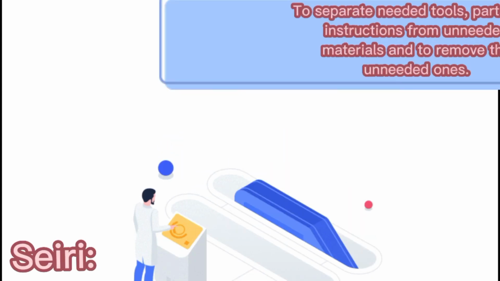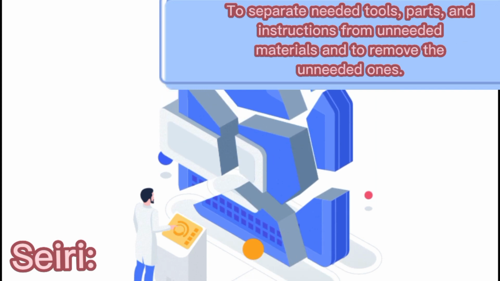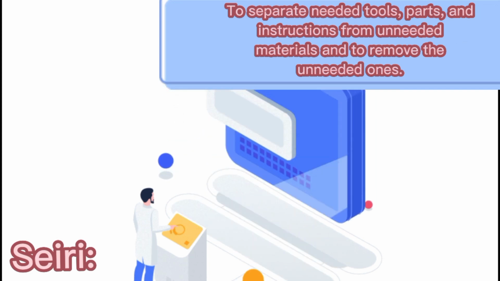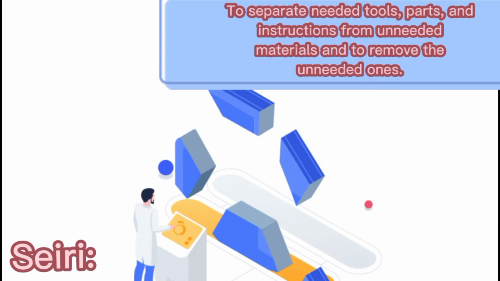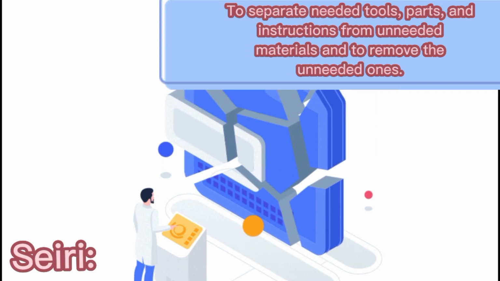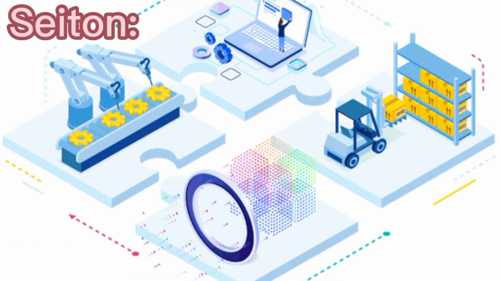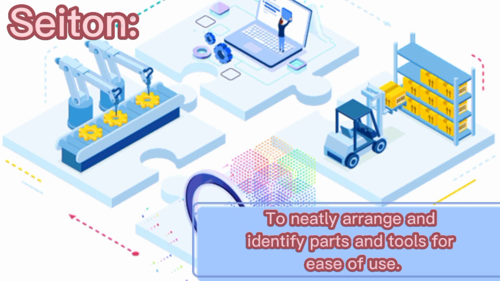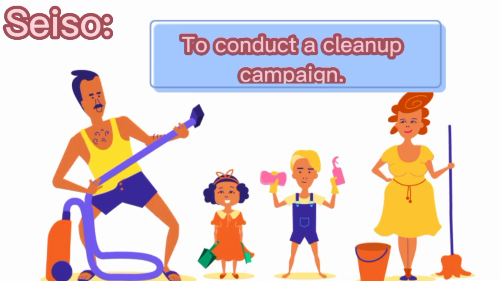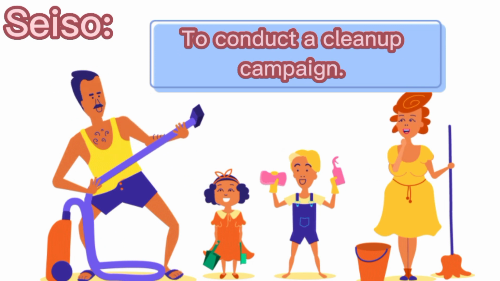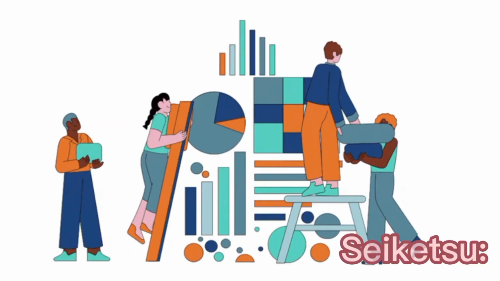Seiri, to separate needed tools, parts, and instructions from unneeded materials and to remove the unneeded ones. Seiton, to neatly arrange and identify parts and tools for ease of use. Seiso, to conduct a clean-up campaign.